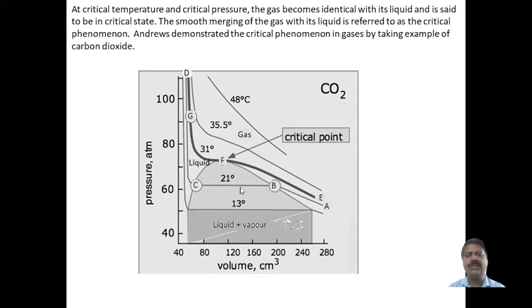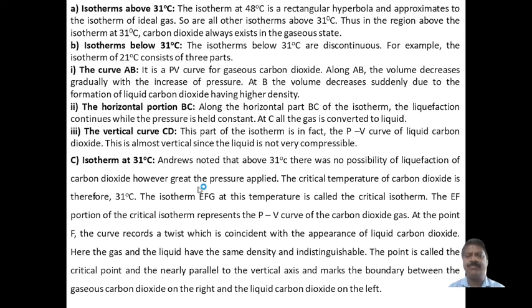From B to C, the pressure remains constant, and as we cool, all the gas is converted into liquid at constant pressure. This will be a horizontal line, showing the conversion of all gas into the liquid state along BC.